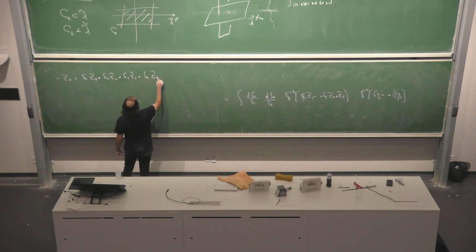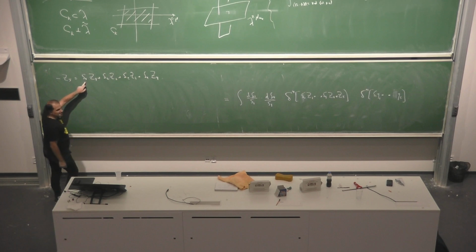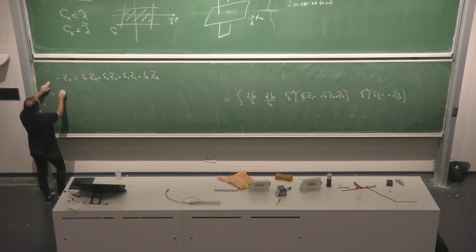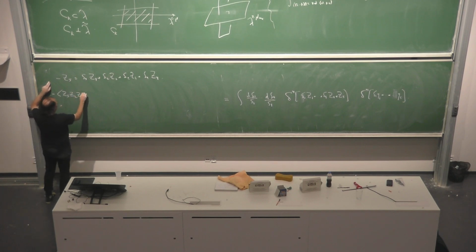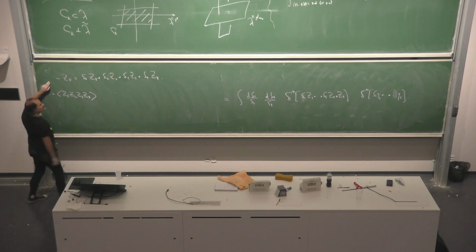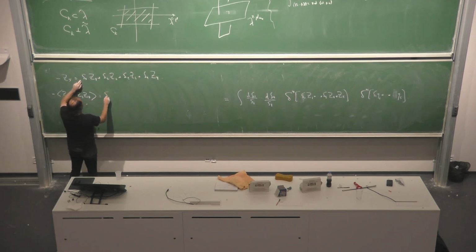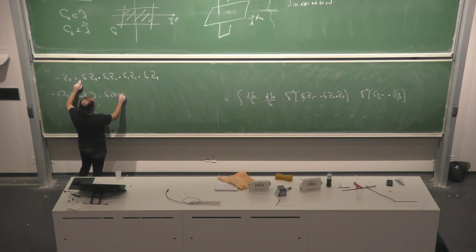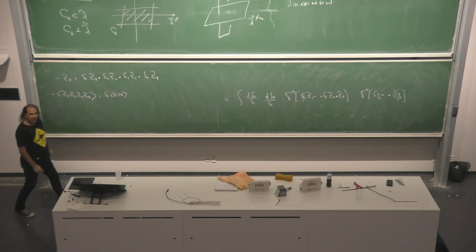Well, let's say I want to isolate δ_1. I just take this thing and I take the 4-bracket with 2, 3, 4. Then here I'll get δ_1 times ⟨1234⟩, and the rest vanish.